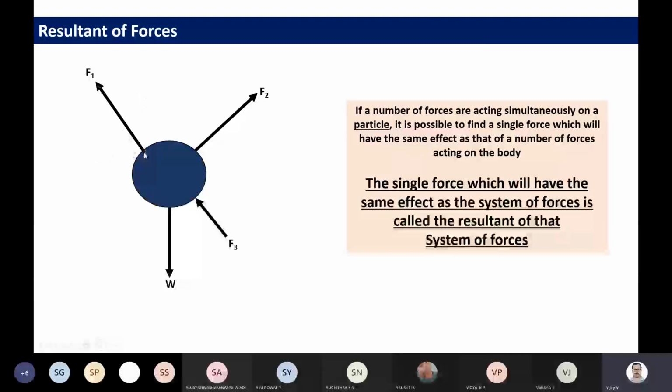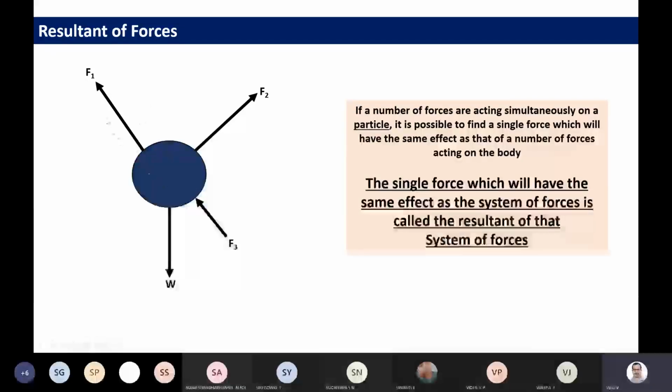So find out the component in the Y axis, find out the component in the X axis, again do it for F2, again do it for F3 and W. After that, it's just an algebraic sum, like your principle of superposition of forces. So you will get a resultant force.